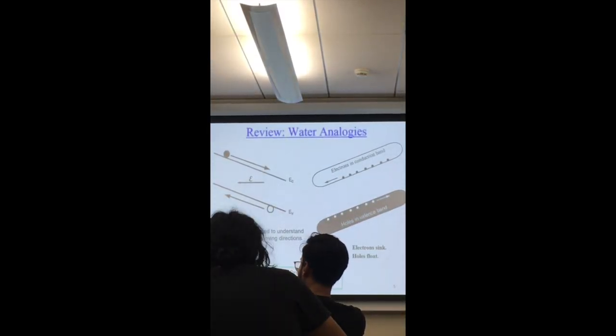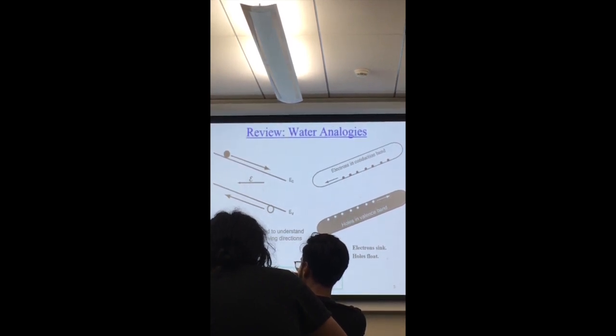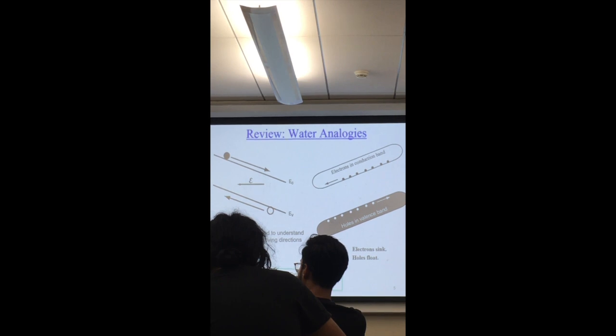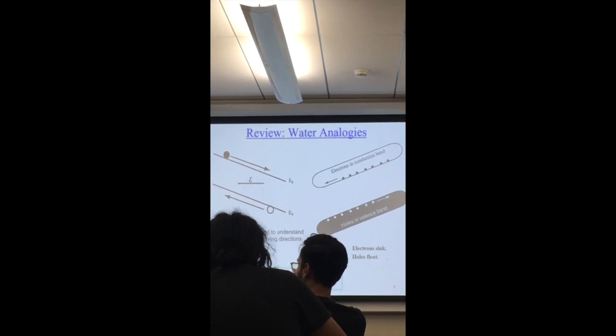So for this case, if we tilt this way, then holes are moving to the right. Which means the drift current direction is pointing to the right, and the electric field direction is pointing to the right.